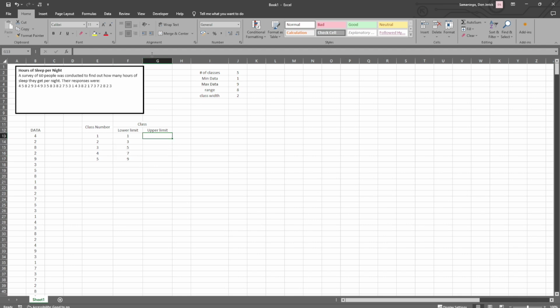The upper limit, the first row is equal to the lower class first row plus the class width minus 1.